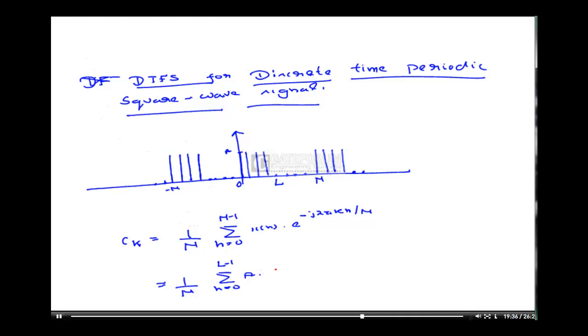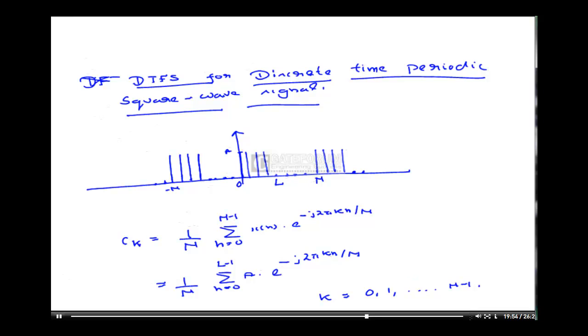At the remaining points it is equal to 0. K values vary from 0, 1, up to N minus 1.